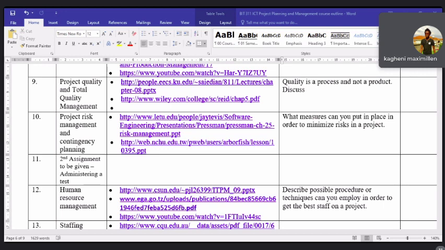Every project involves risks. We can't do without risks. In almost everything we do, there are some risks we take. But we have to be organized.